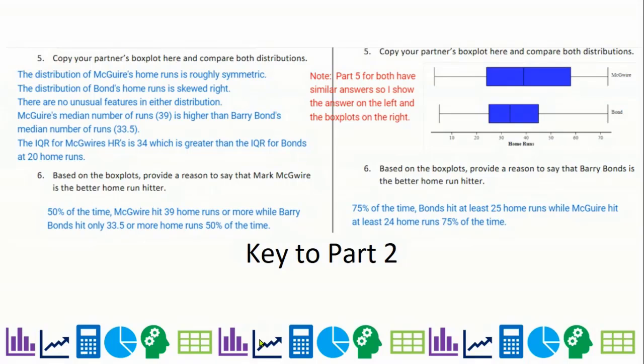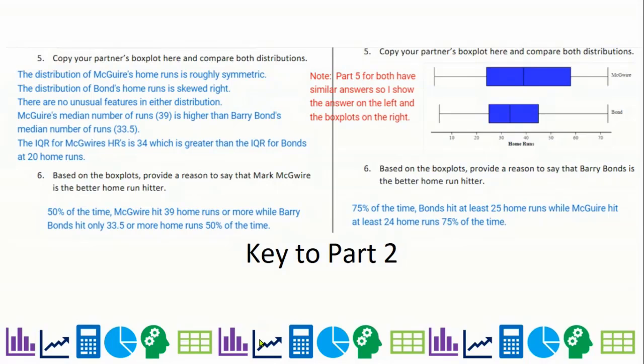Then the next thing I'm going to ask you is to tell me why the first box plot is better. So why is McGuire better? Well, you can see he hits at least 39 home runs 50% of the time, whereas Bonds hits 33.5 home runs 50% of the time.